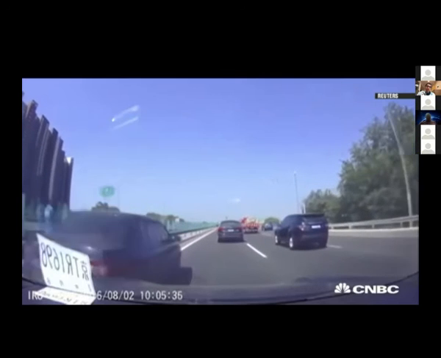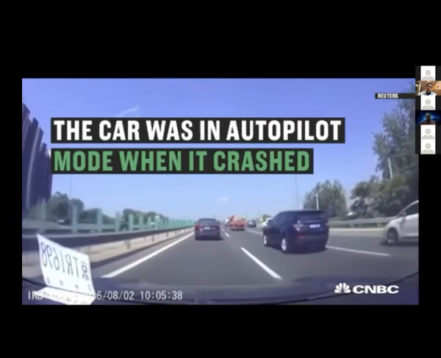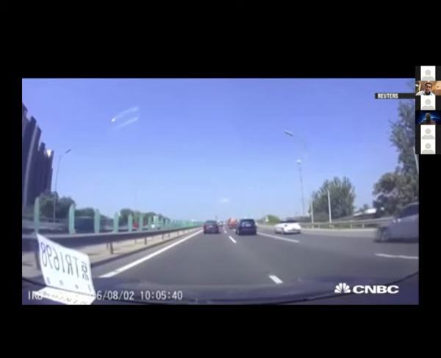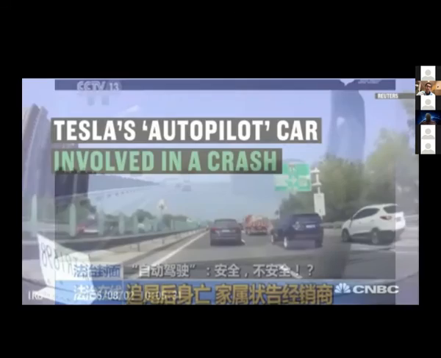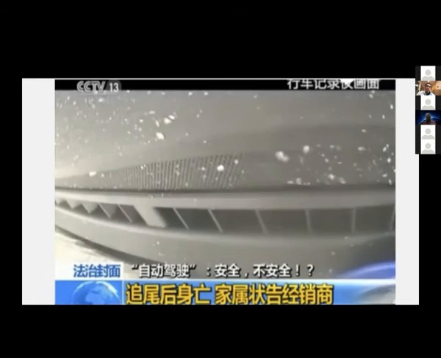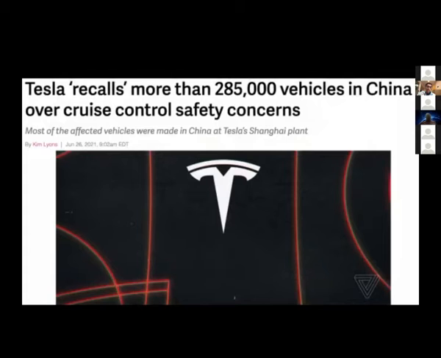The Tesla scrapes against it, and you could say, okay, well, it didn't have enough clearance, not a big problem. And then this is all in China in 2018, and the car smashes into a street sweeper, and essentially, a 24-year-old dies on the spot. And then it goes on to this, just recently Tesla had to recall a lot of vehicles.